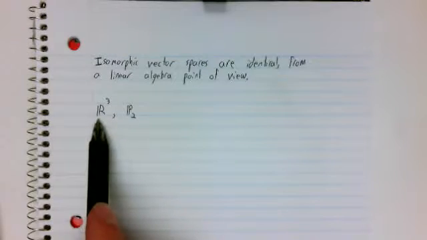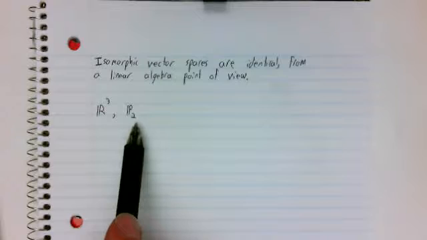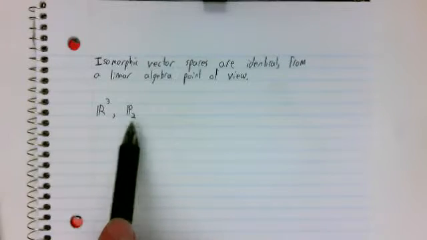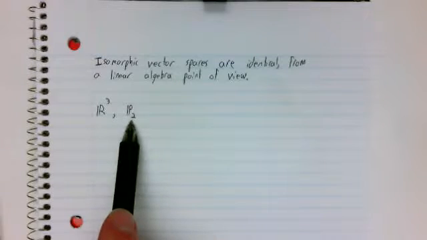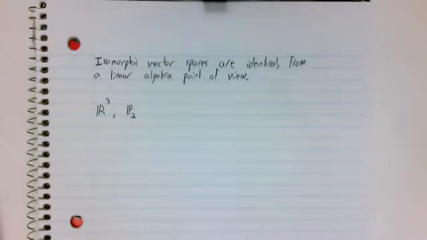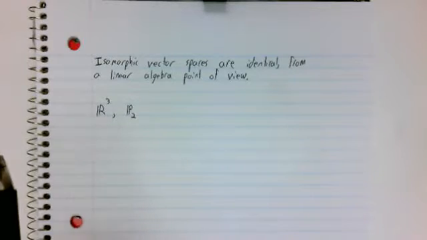The standard three-dimensional Euclidean space and the space of polynomials of degree less than or equal to 2. As far as we're concerned, in the context of this class, these are the same space.